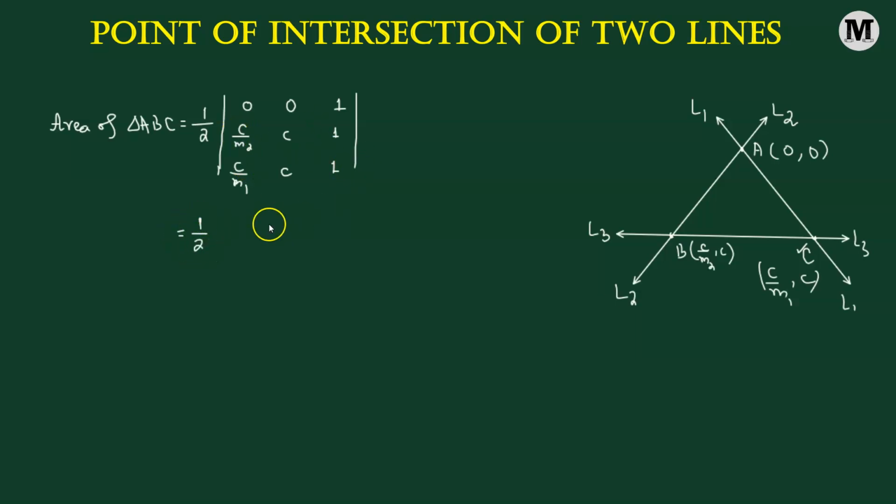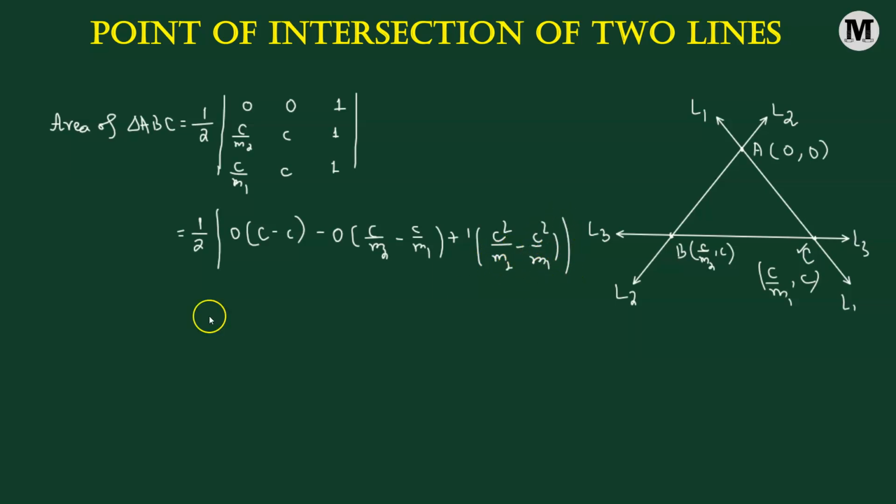Let's expand the determinant. We have 0 times (c minus c), minus 0 multiplied by (c over m2 minus c over m1), and then 1 times (c squared over m2 minus c squared over m1). Let's solve this. We have half, and the first two terms go to 0.